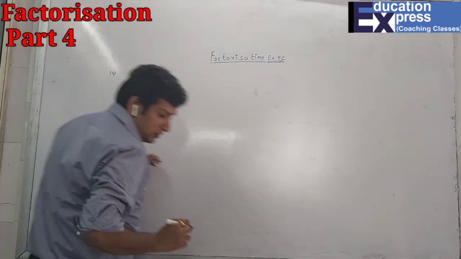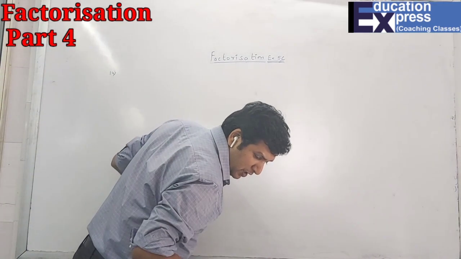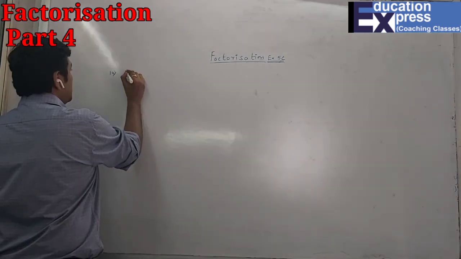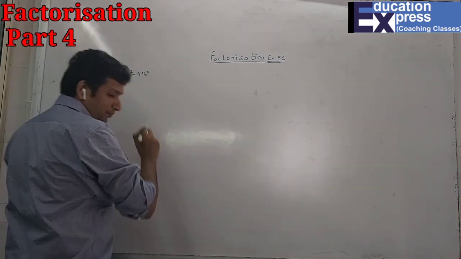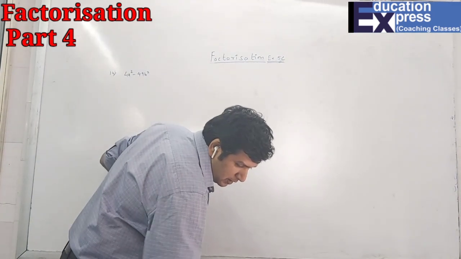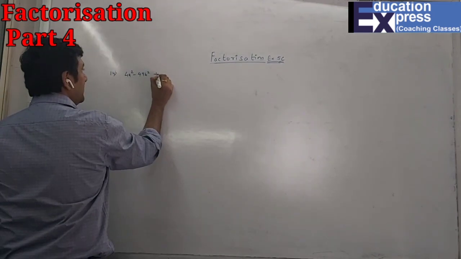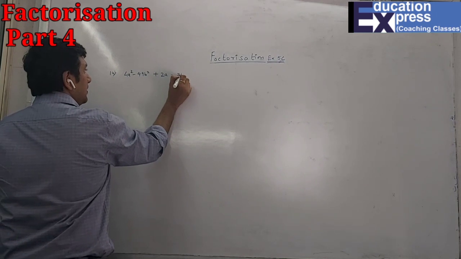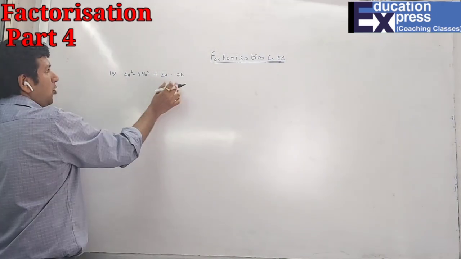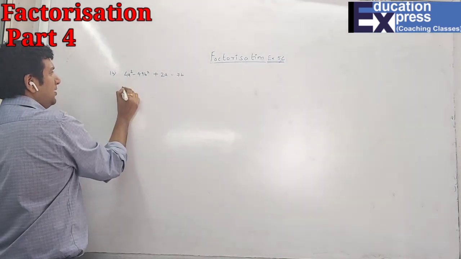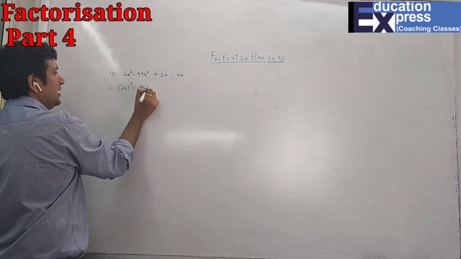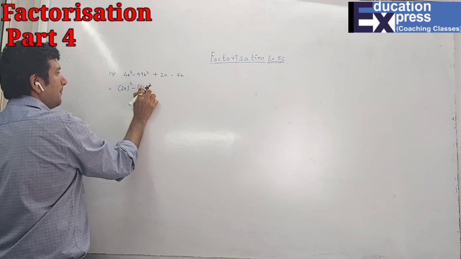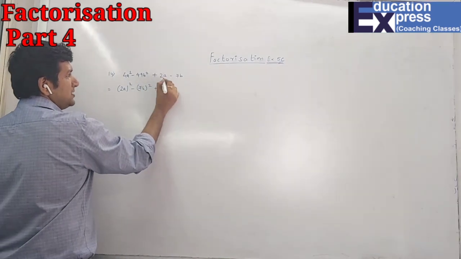So first is 14. The same sum we have done earlier also, that is 4a square minus 49b square plus 2a minus 7b. Can you see that out of 4, 2 numbers are perfect squares? This is 2a ka square and this is 7b ka square. And here there is nothing common.